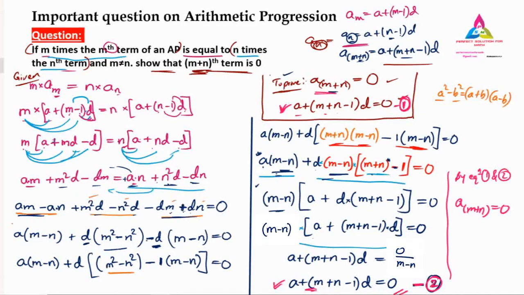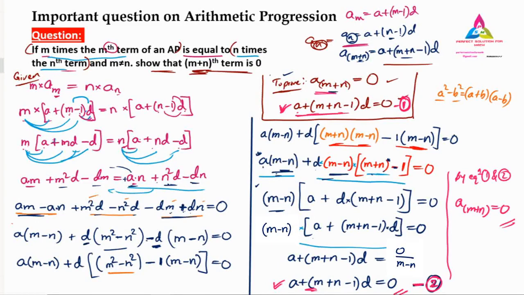They have told you to prove a of m plus nth term, and that a of m plus nth term is nothing but a plus m plus n minus 1 into d, that we have proved as 0. That is our final answer.